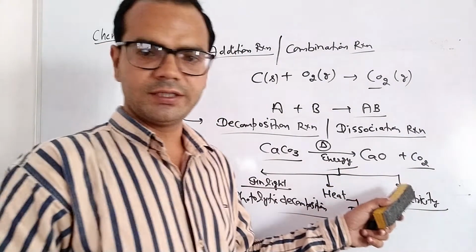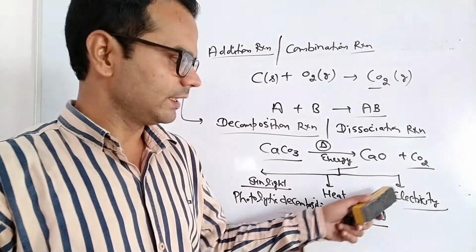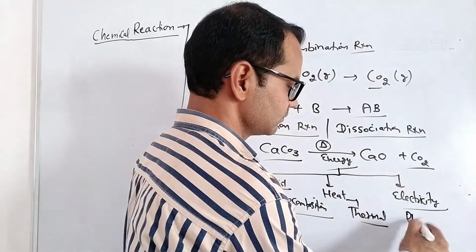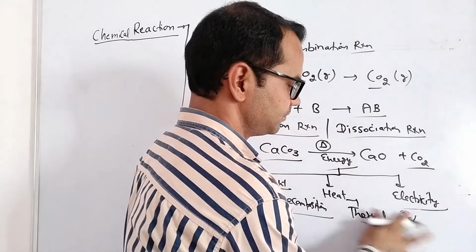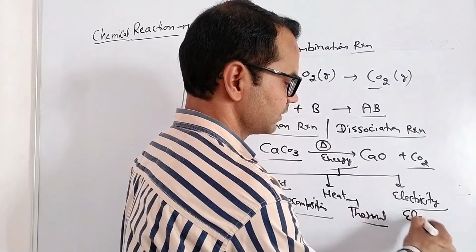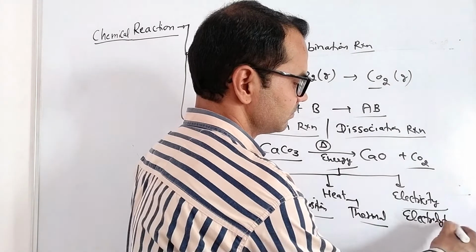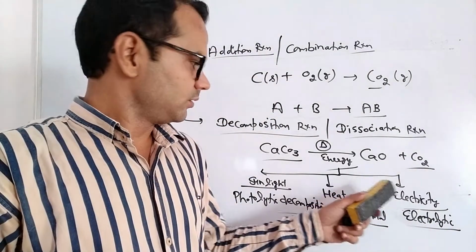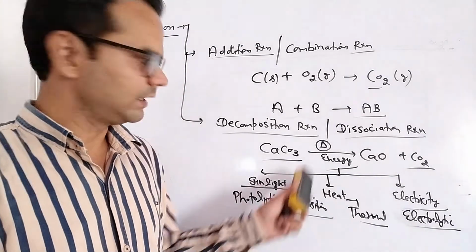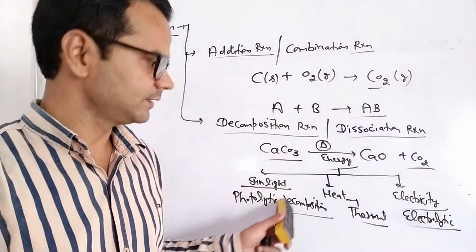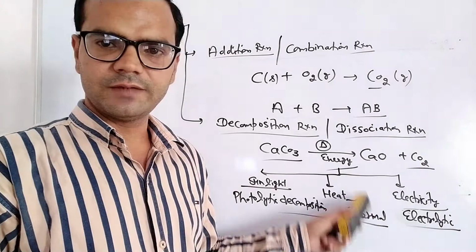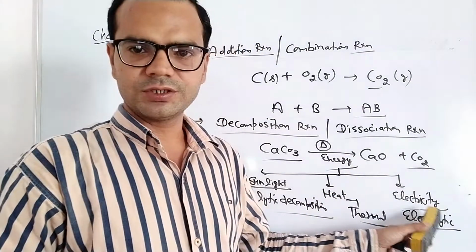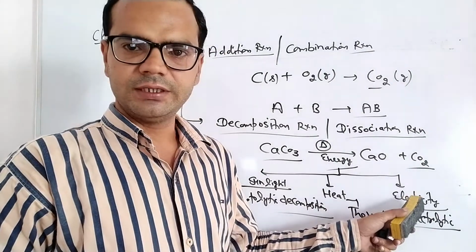And if energy is provided in the form of electricity or current, then the reaction is said to be electrolytic decomposition. Photolytic decomposition when energy is given in the form of sunlight, thermal decomposition when energy is given in the form of heat, and electrolytic decomposition when energy is given in the form of electricity.